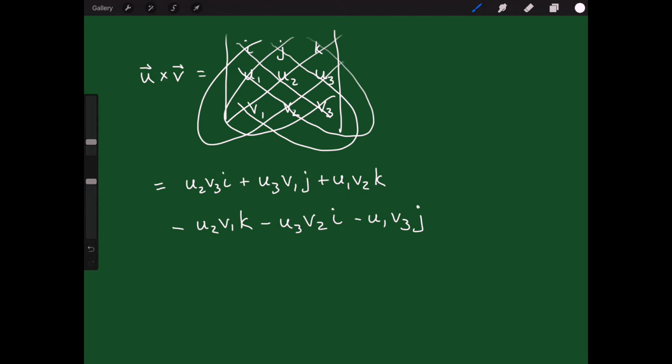Okay, so be familiar with one of these two. Either way works. Typically, I'm going to use the horseshoe method just because I don't have to write those two columns out again. So now let's do a concrete example here so that we can see how this works in practice.